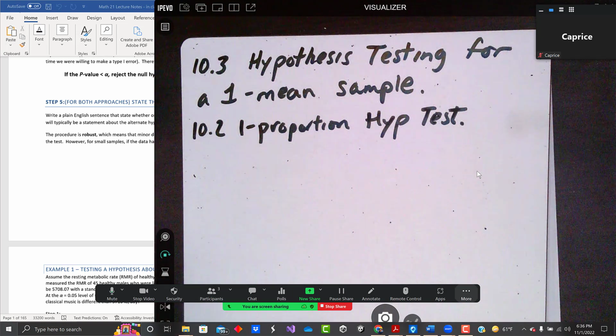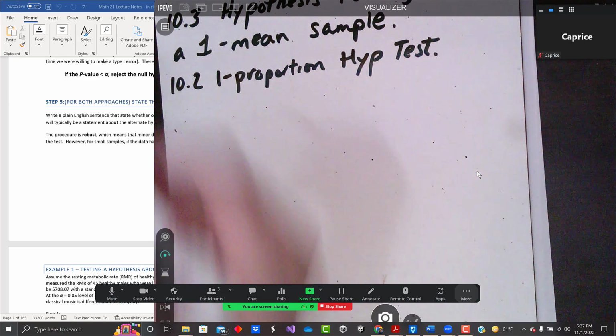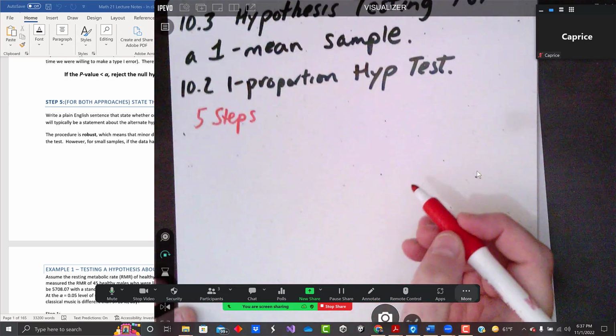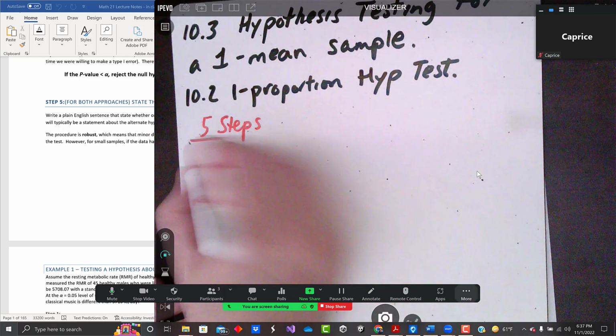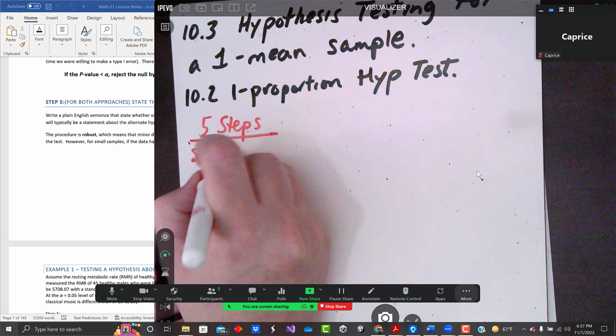In fact, the hypothesis test itself hasn't changed much. Remember, we've got 5 steps, and I think I'm going to recap them again because it can't hurt. Step 1 is to identify H naught and HA.